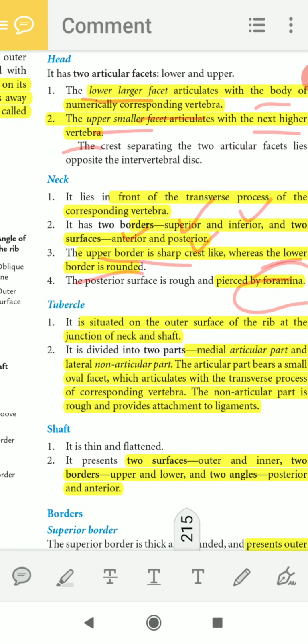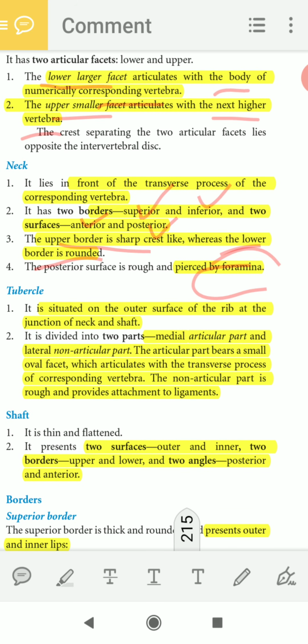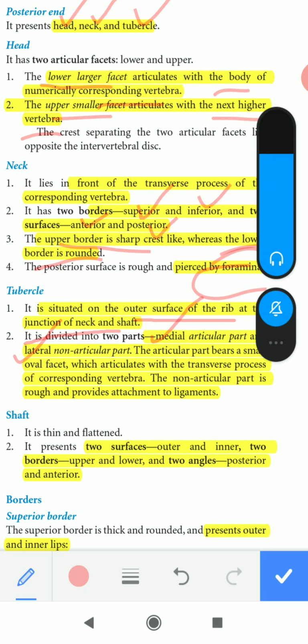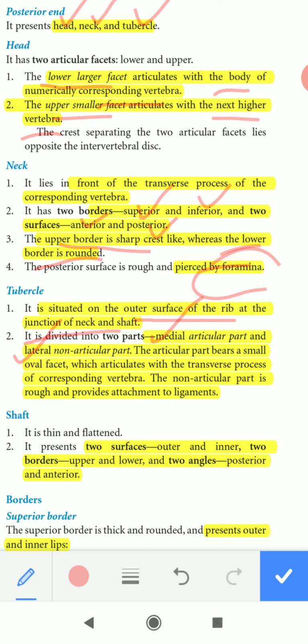Now come to the tubercle. It is situated on the outer surface of the rib at the junction between neck and shaft, and it is divided into two parts, medial articular part and lateral non-articular part. The articular part bears a small oval facet which articulates with the transverse process of the corresponding vertebra.